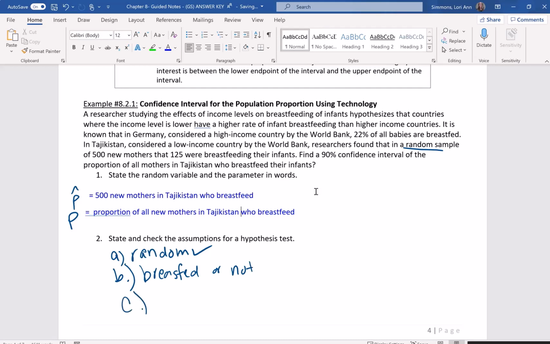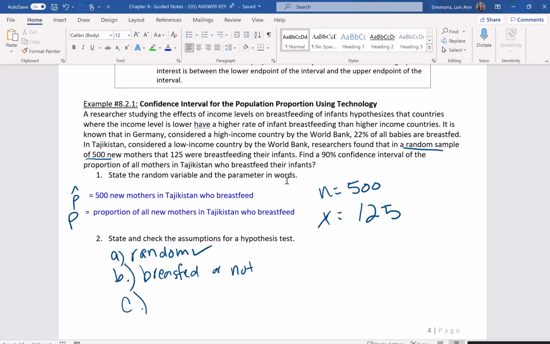And then C. Okay, before we begin, back into number 1, we need to identify N, the sample size, and X, the number of successes. So breastfeeding is considered the success. There was 500 mothers. That's your total. And how many successes were there? How many breastfeed? 125. So that will help you with C.